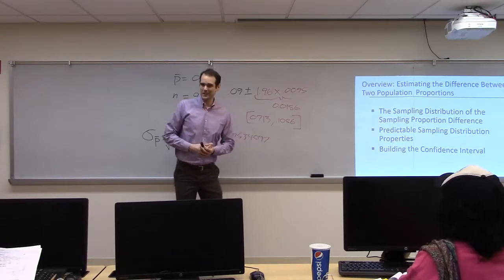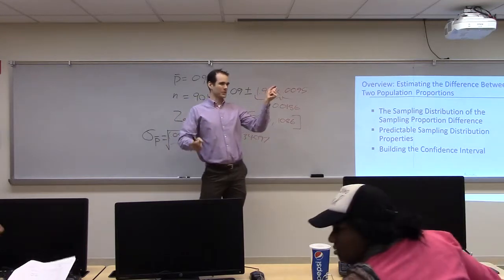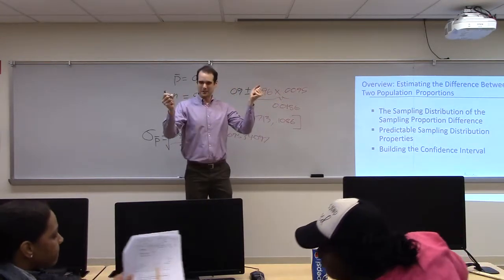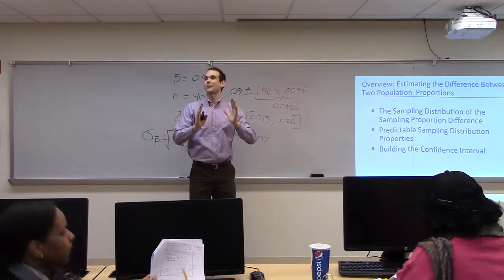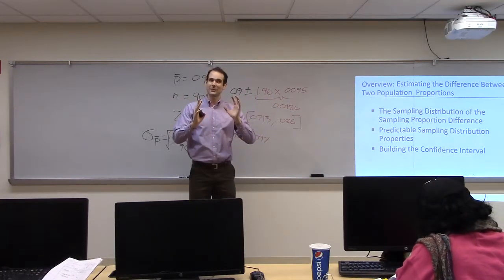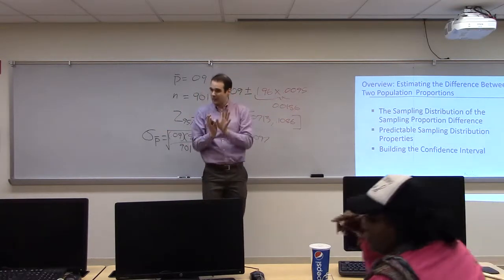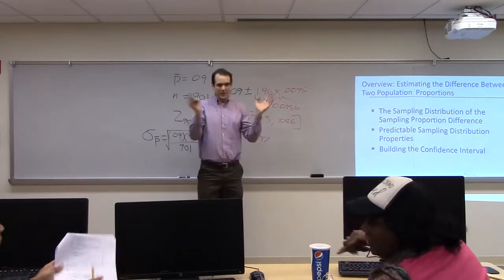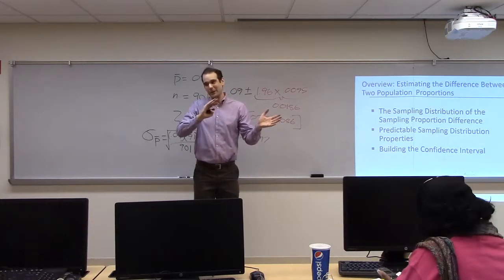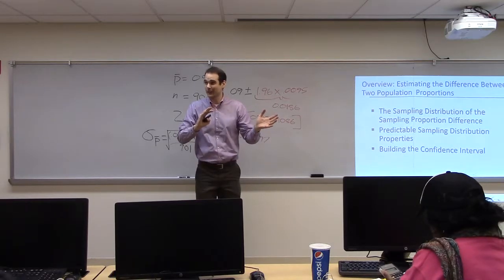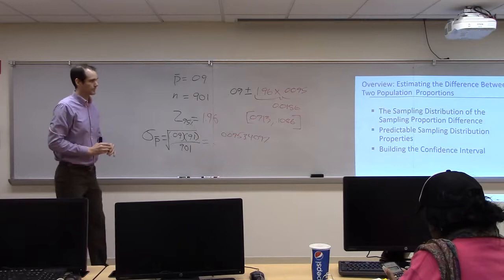Technology resistors in Florida is 20%. Technology resistors in California, 9%. That's a difference of 11%. How confident are we that that 11% difference is accurate? Is it 15%? Is it 5%? Or is it something really close to zero, like there's no difference at all? Or is it the other way around, like actually people in California are more tech resistant than people in Florida?